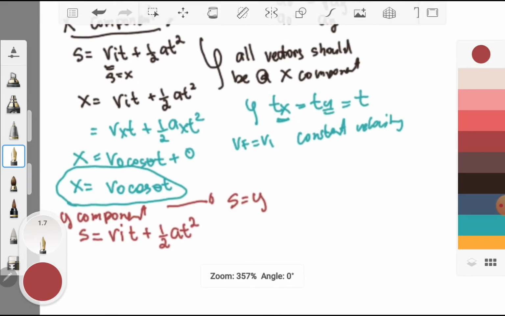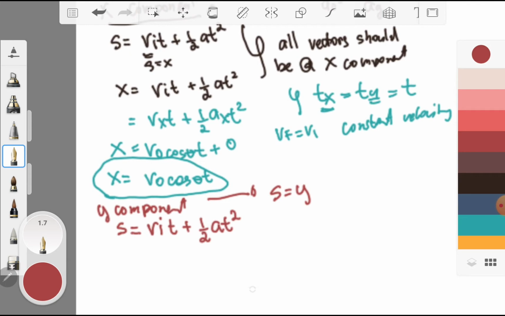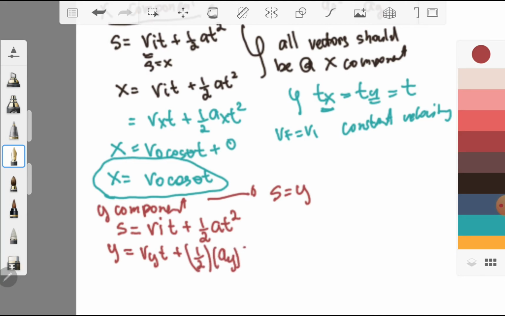So, at my y component, so s is equal to ViT plus 1/2 at squared. So, I have my y is equal to Vyt plus 1/2 Ay t squared. Okay?